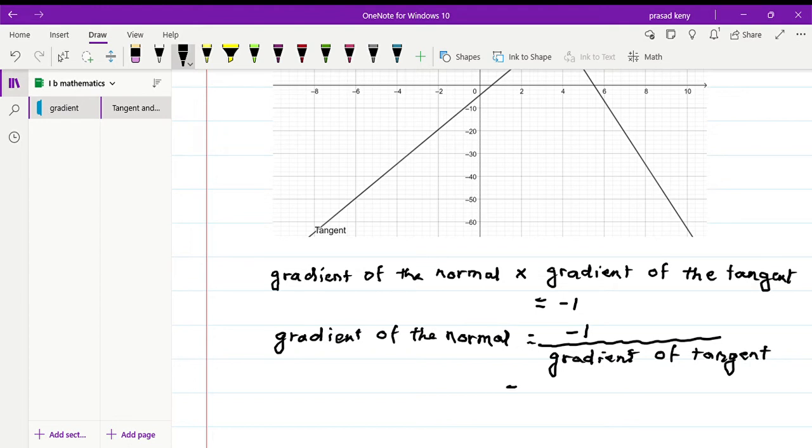And since we have already seen that the gradient of the tangent is 4, that means the gradient of the normal will be negative 1 upon 4.